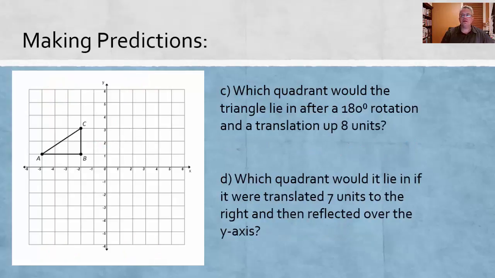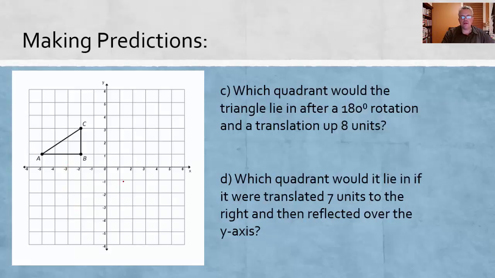All right, 2 more quick examples, then I have an assignment for you. Okay, so on this one, which quadrant would the triangle lie in after a 180-degree rotation? It's the same triangle, just different problem. Okay, and then a translation of 8. Well, 90 degrees would put it here, and 180 would put it here.